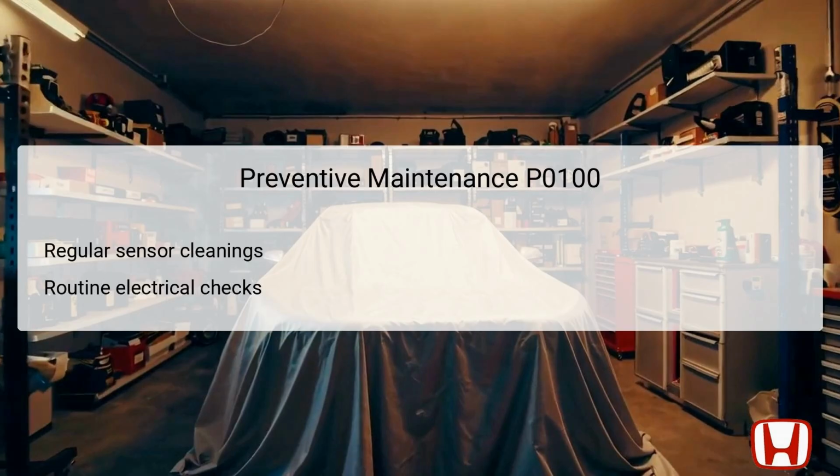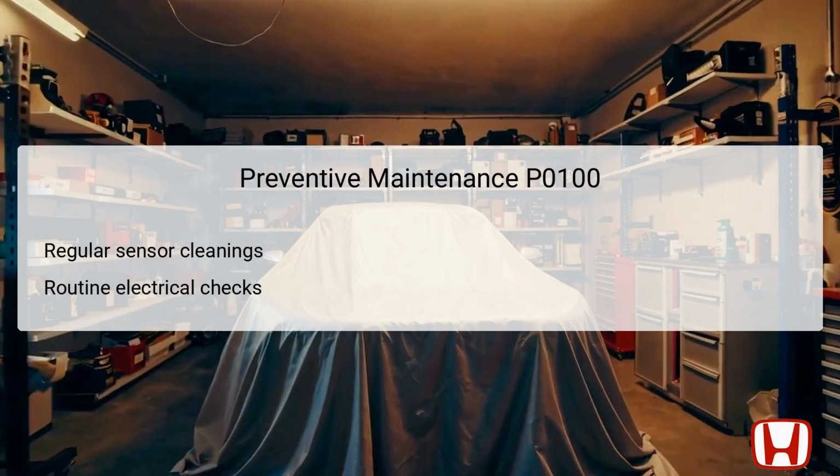Furthermore, maintaining clean air filters will ensure that the MAF sensor receives adequate airflow, enhancing engine performance. By being proactive in sensor and electrical maintenance, vehicle owners can prolong the life of these components and minimize repair costs.